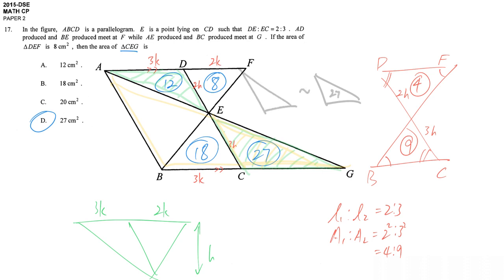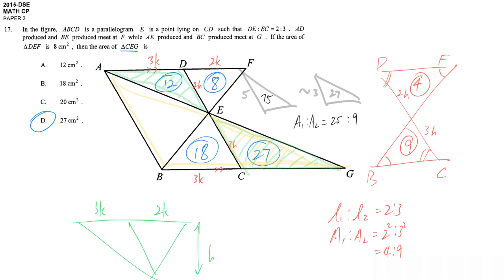This is 27, while the length ratio is 3 to 5. So the area ratio A1 to A2 here is 25 to 9. We just divide 27 by 9. Each unit is 3. 3 times 25, we get 75 here.